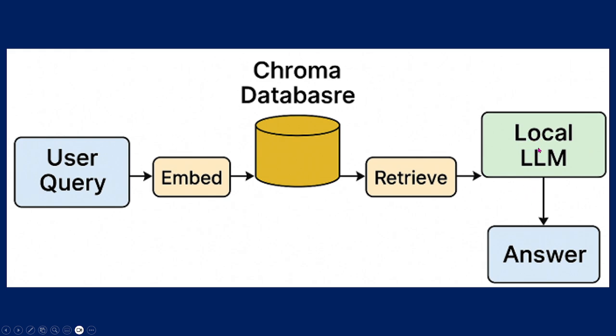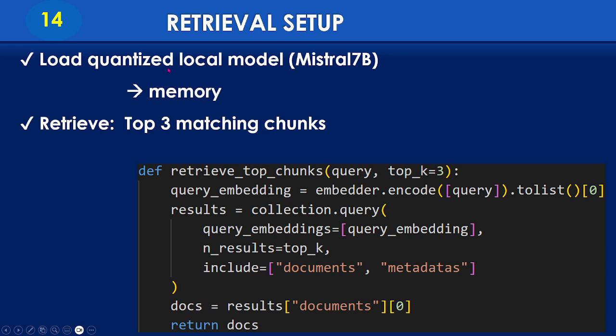And I hope I can record another video to explain under the hood of the language model and why we call them large language models. And finally, the last two or three steps are the decoding. We need the retrieval. We load the quantized model called Mistral with 7 billion parameters.